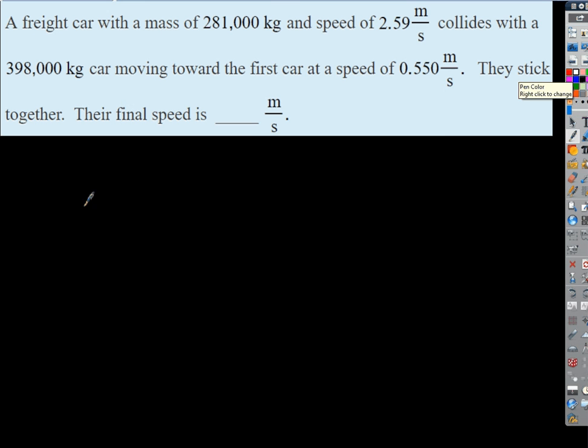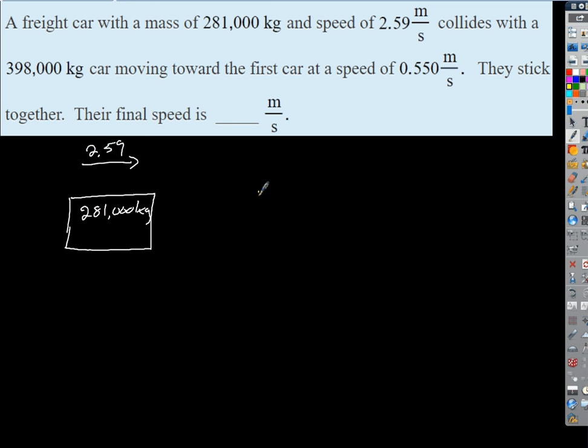Object 1 has a mass of 281,000 kilograms, velocity in the positive direction, 2.59 meters per second, colliding with object 2, mass 398,000 kilograms, moving toward the first car.